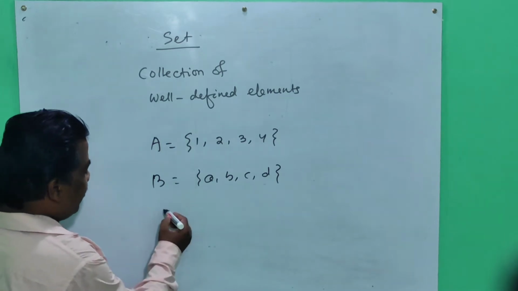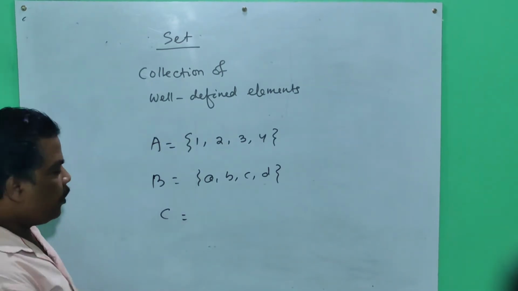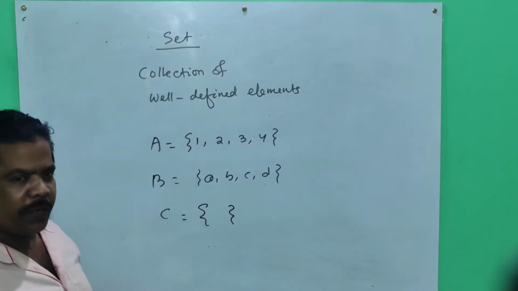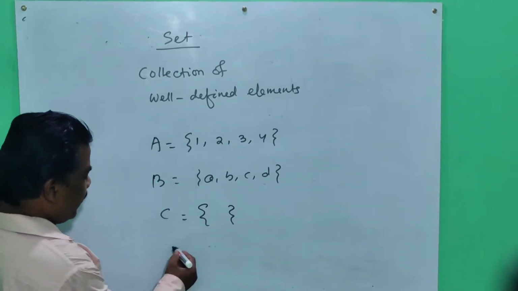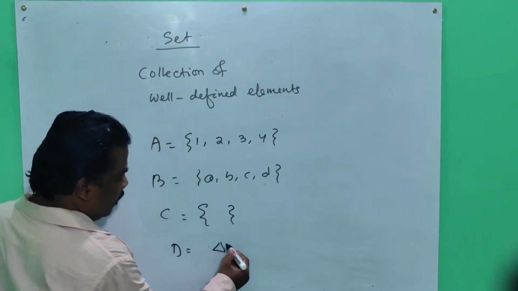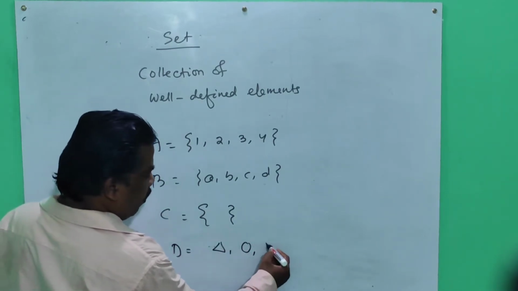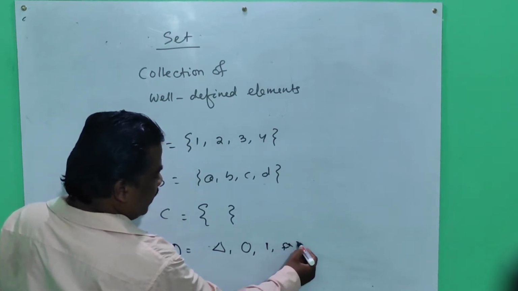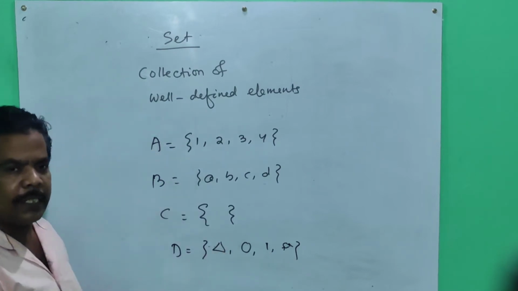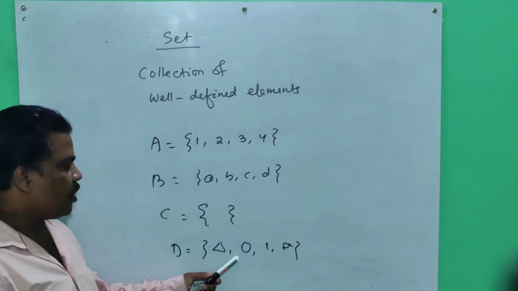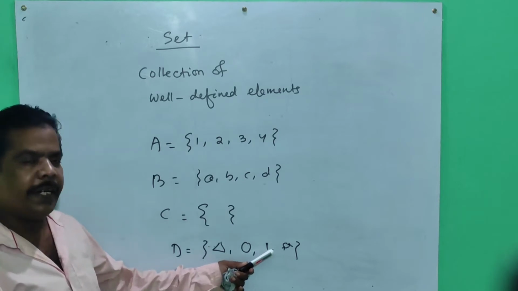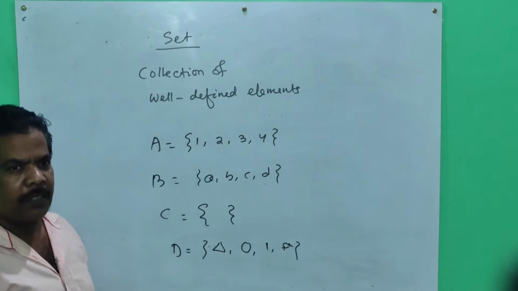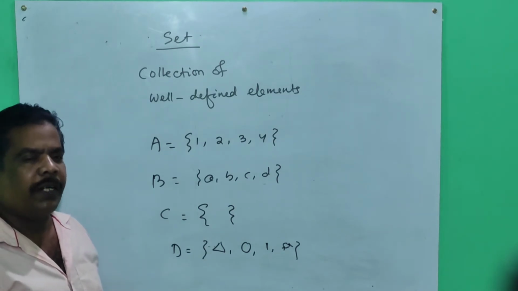Now we take another set C, and another set D containing a triangle, a circle, a real number, and a word. These are sets.